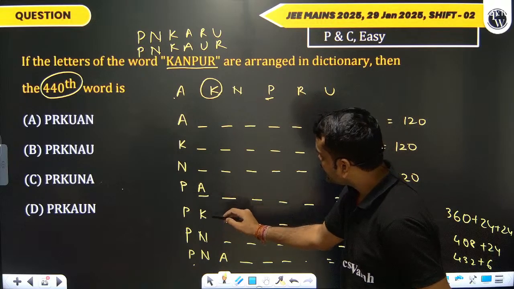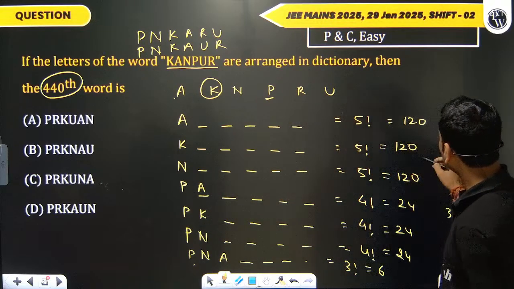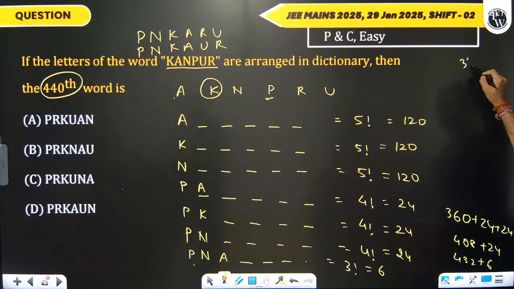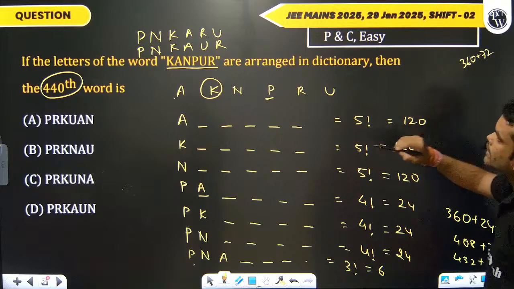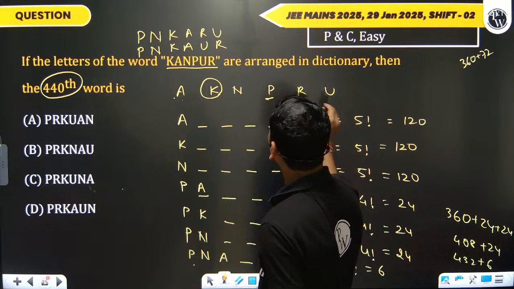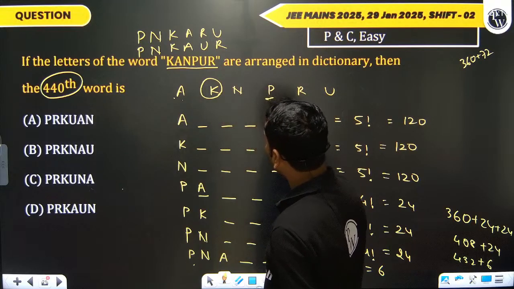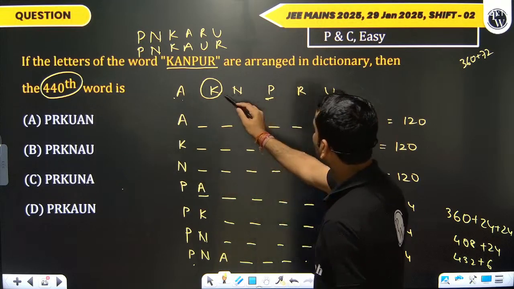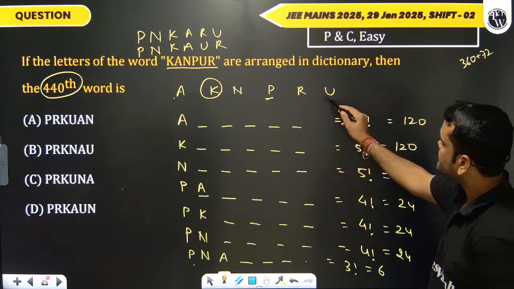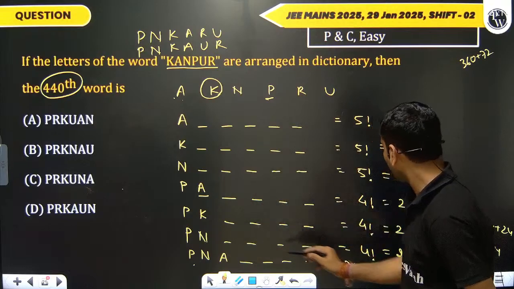P, A, P, K, P, N. So 120 plus 120 plus 120, 360 plus 72 plus 72. So it is 360 plus 72. Is the order correct? A, K, N, P, R, U. So A, K, N is gone. P will start here, then A, then K, and then N will come. Okay, and then N will be also over.